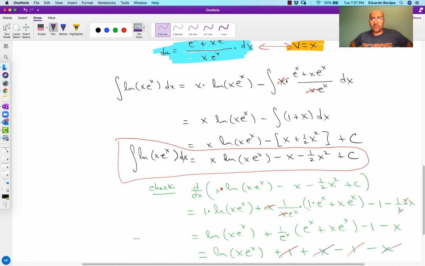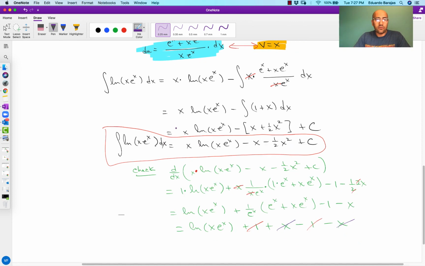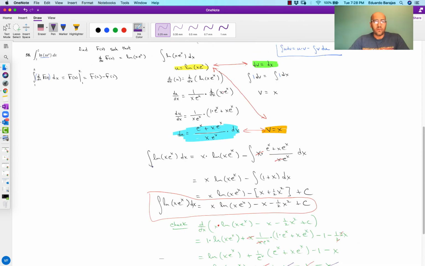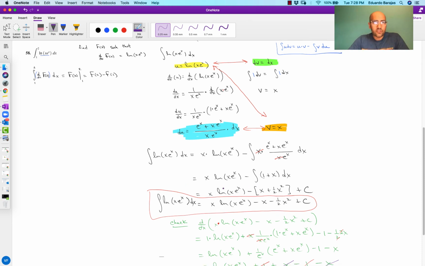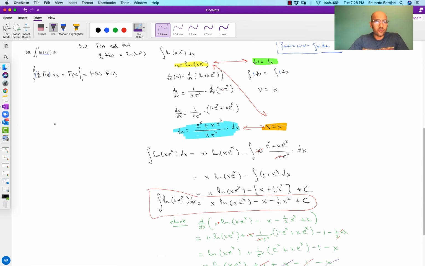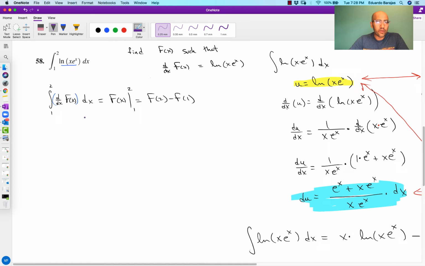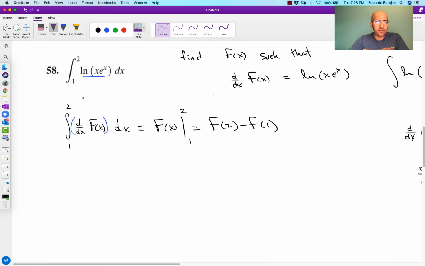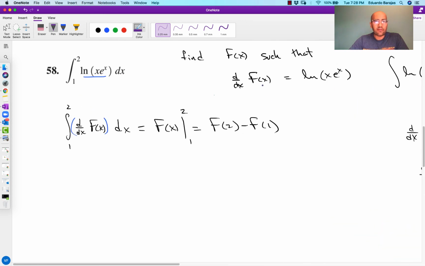So let's go back to our original question, the definite integral. Armed with all that knowledge, let's go back to the original definite integral way over here that they asked us to find. Now we found this capital F, a function whose derivative is equal to ln of x e to the x. So we can rewrite it this way.